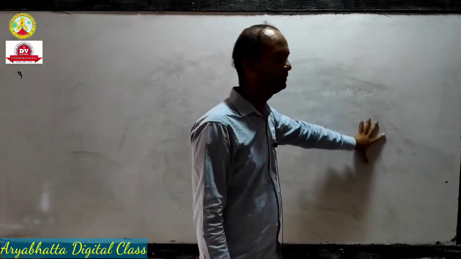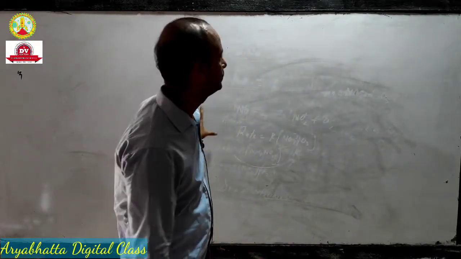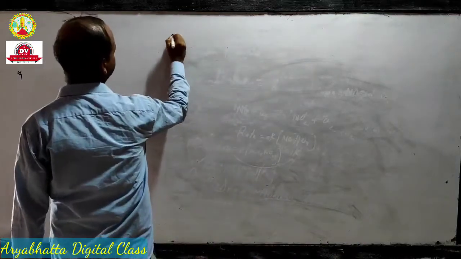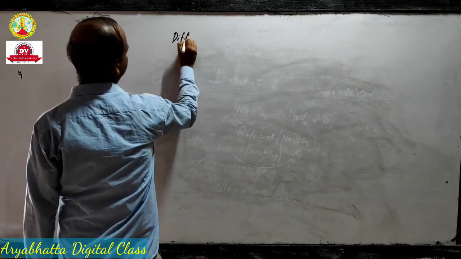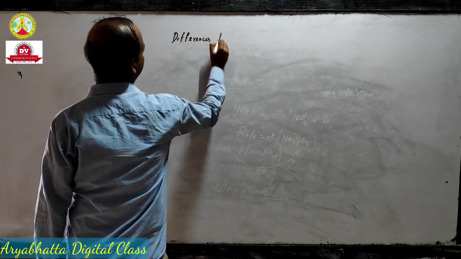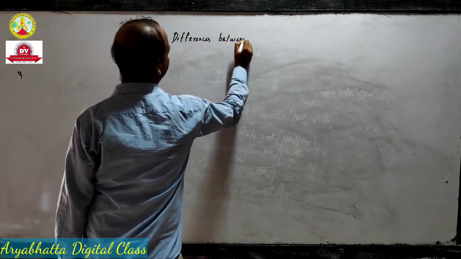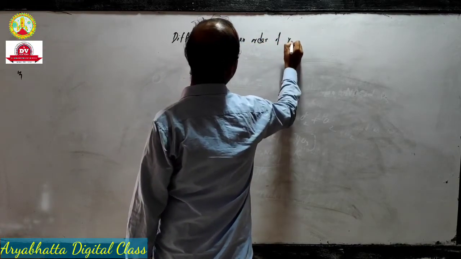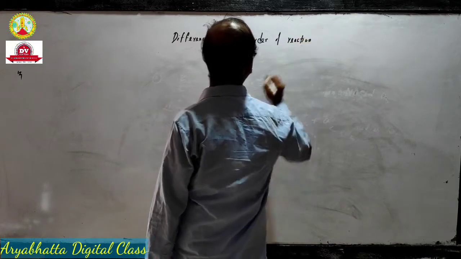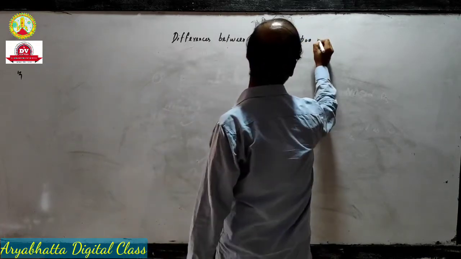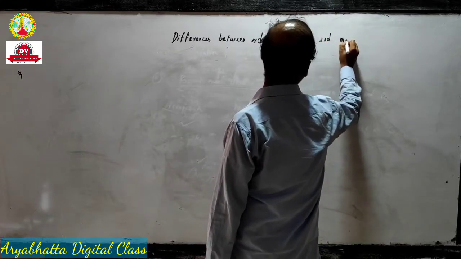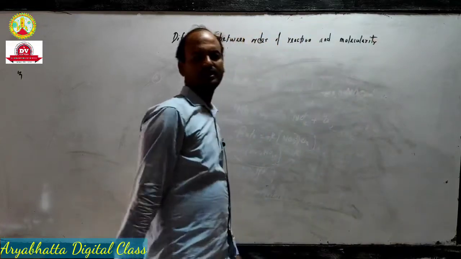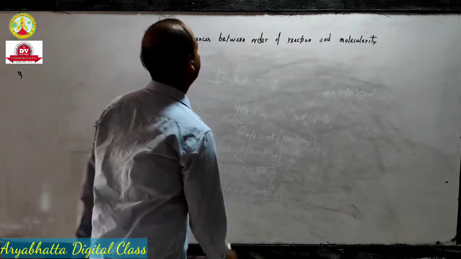Now let's see the difference between this. Order and molecularity का difference क्या होता है? Now देख लो, differences देख लो. Differences between order of reaction and molecularity of a reaction.